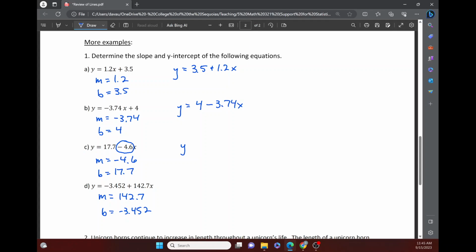Make sure to take the sign that comes in front of the number. If we rearranged this, it would look like negative 4.6x plus 17.7. Okay, and this one would look like y equals 142.7x minus 3.452.